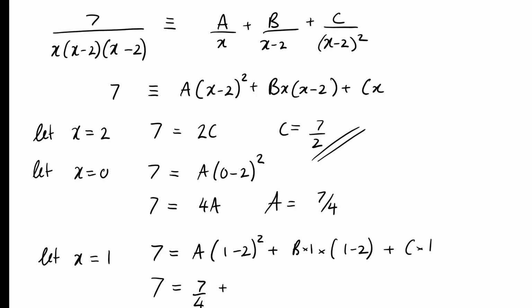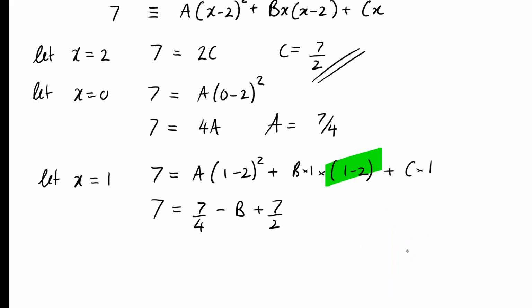We don't need to write that. b, we don't know, and it's being multiplied by this, which turns out just to be minus 1. We've got minus b, and then at the end 1c, so that's 7/2. Subtracting terms over to the left side, we get 7/4 is equal to minus b, therefore b is equal to minus 7/4.